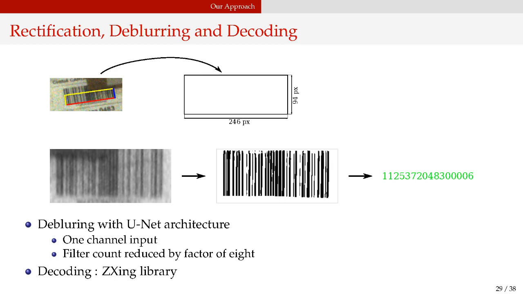As you can see in this figure, we have set the barcode to a rectangle of 246 pixels times 94. The width of 246 pixels is due to the requirement that the thinnest barcode line should be at least 2 pixels. And the height is just set to a fixed value. As you can see in the second row of the figure, after the rectification and the deblurring of the barcode, it can be decoded.